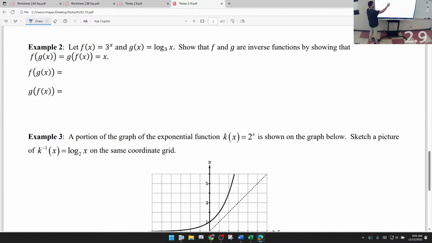So f of g of x, that means I am putting this in place of that x. This becomes a little hard. So watch. Y, or f of x, or however you want to say that. Let's say y equals 3 to the log base 3 of x.